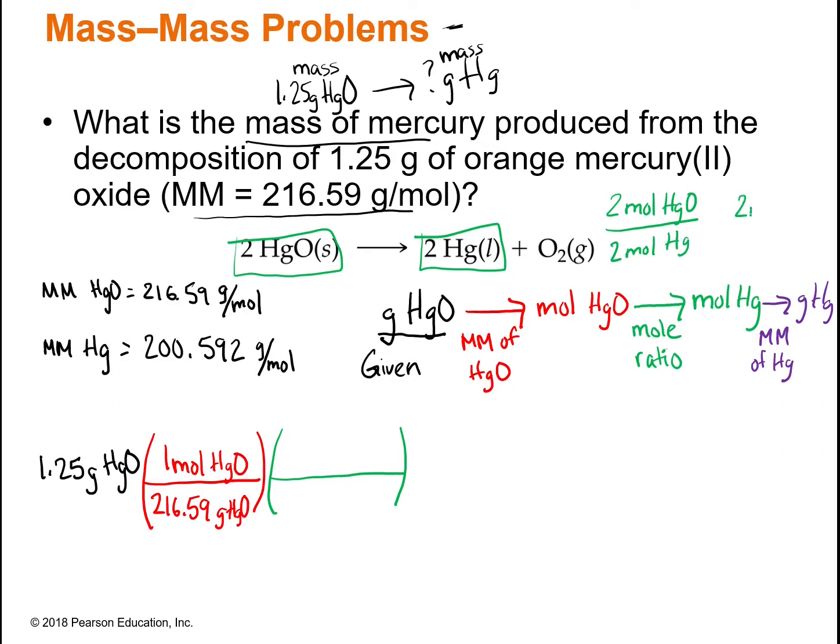We can also flip that around. Put the mercury on top and the mercury 2 oxide on the bottom. Which one is going to actually help us? Because we're trying to get rid of moles of mercury 2 oxide. If we want to do that, then we want to use the second one here. We'll have moles of mercury in the top and moles of mercury 2 oxide on the bottom.